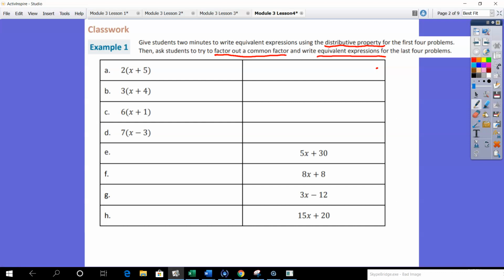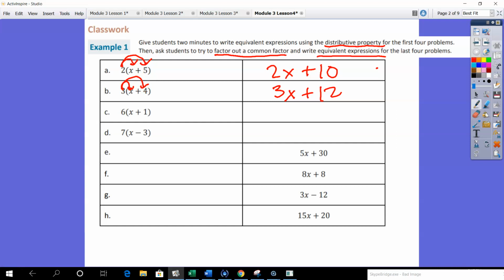Okay, so for A, you should have had 2x plus 10, because 2 times x is 2x and 2 times 5 is 10. On B, you should have had 3x plus 12, because 3 times x is 3x and 3 times 4 is 12.